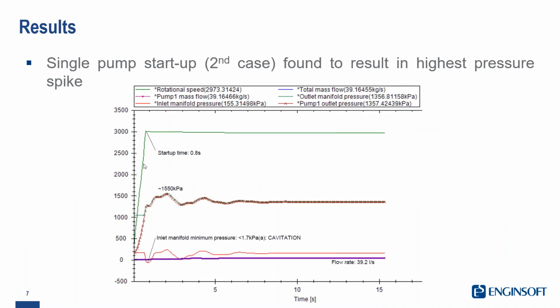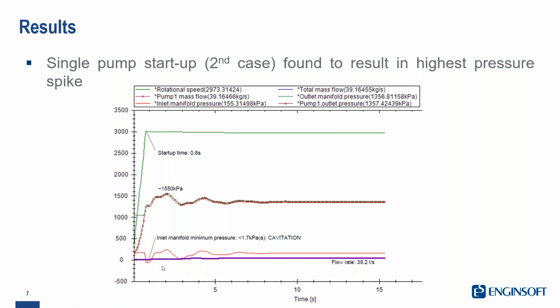And if this regulation is not done correctly, so if the pump is ramping up to 3000 RPM too rapidly, in this case in 0.8 seconds, you have a peak of pressure, so this is the water hammer effect.